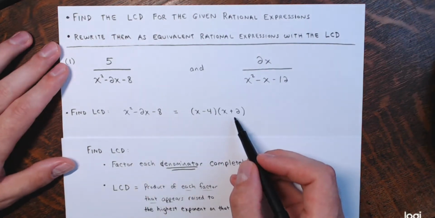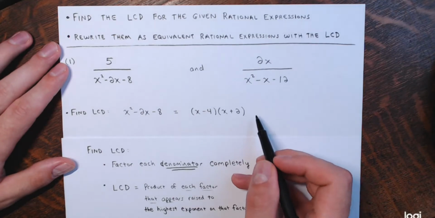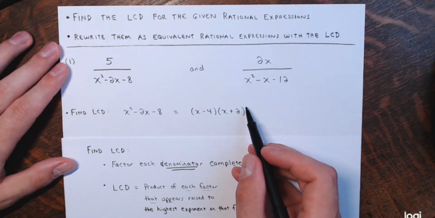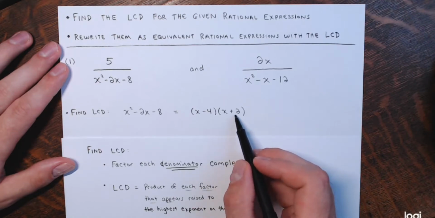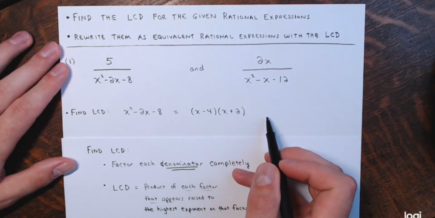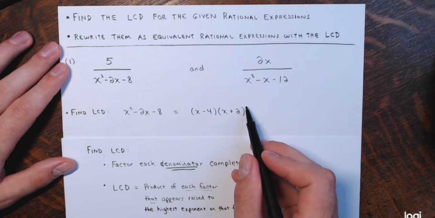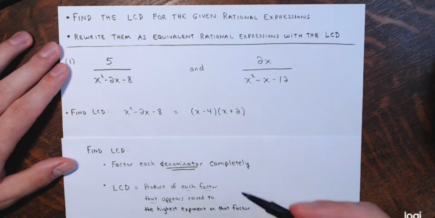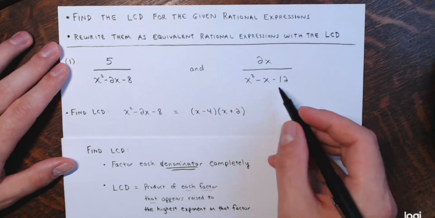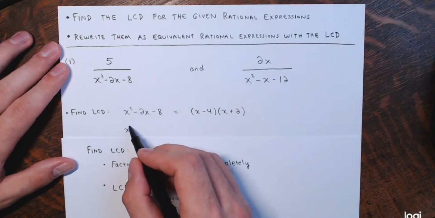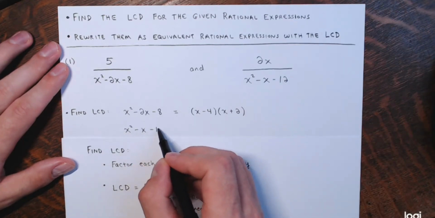And if any factor appears more than once, you're going to write it with exponents. If I had the same factor twice, if I had x plus 2 times x plus 2 again, I would write x plus 2 to the second power. And if there was a third one, I'd write it to the third power, and so on. The other denominator, x squared minus x minus 12.